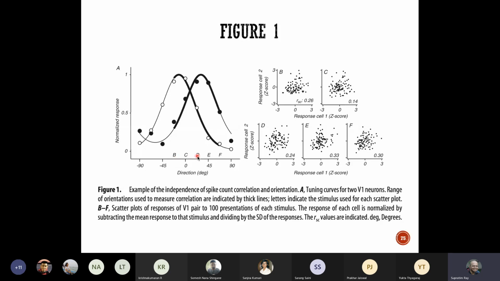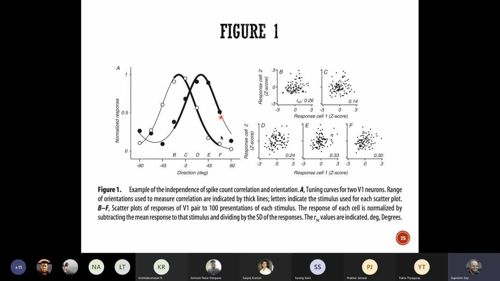Then the question is, if we choose an orientation that is preferred for both, if the tuning curves are close to each other, is the correlation going to be higher than when the orientation is suboptimal for both? This question only makes sense if the tuning preferences are more or less similar. I would have thought that it would matter.